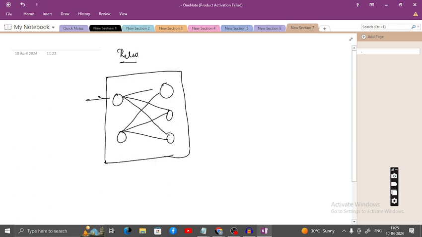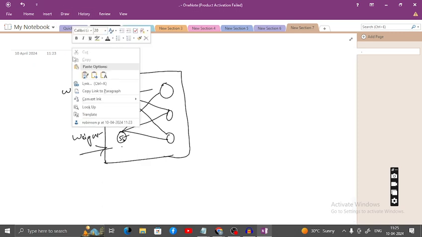These are weights, input weights. Let us say this value is 160. Assume some value. Here it is 55.